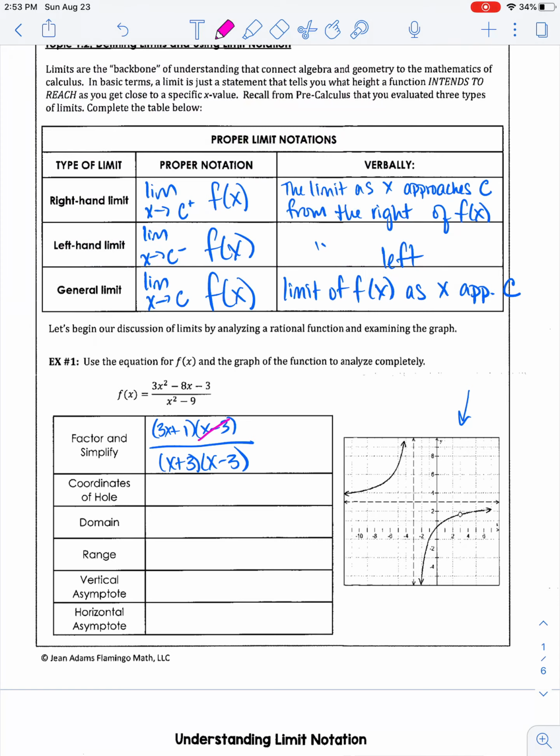So then I know that those two cancel. So I know that I have a hole at 3 comma something, because the x equals 3, which comes from the x minus 3, is the part that canceled.